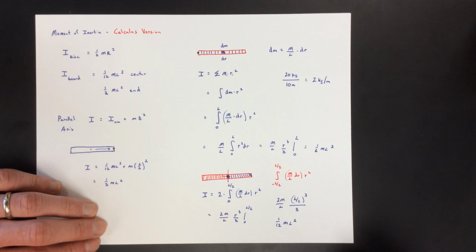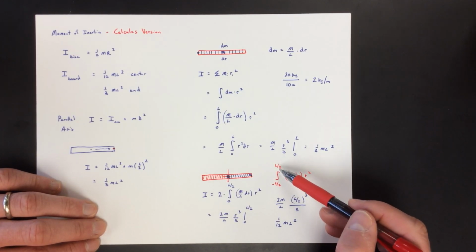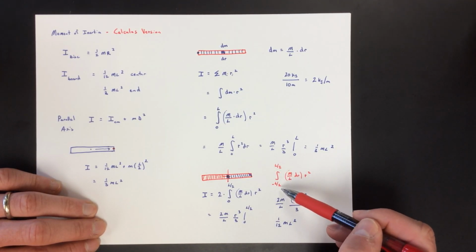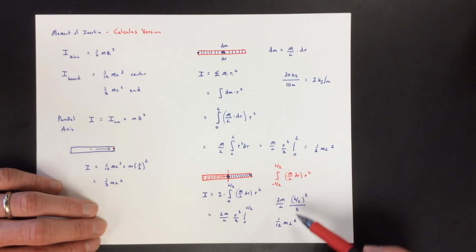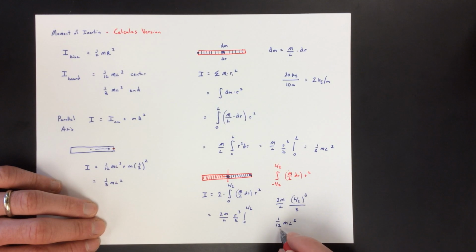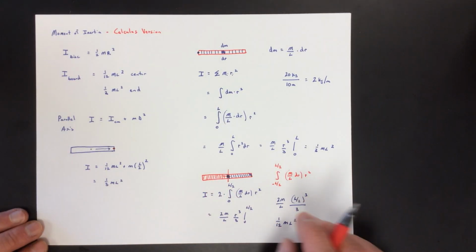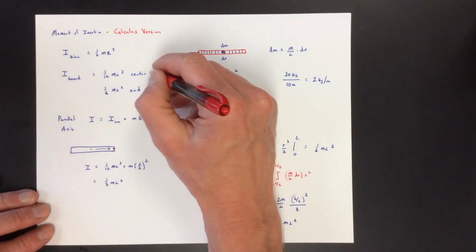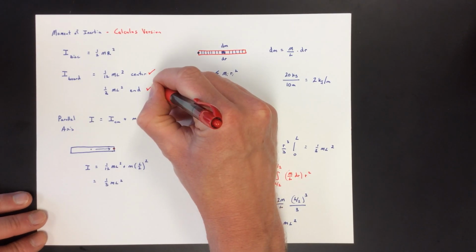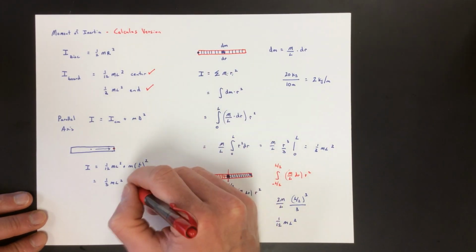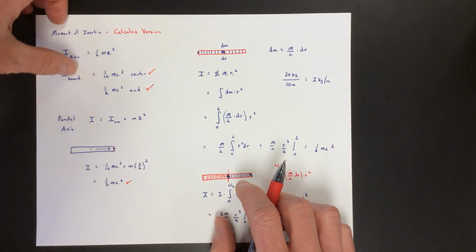And hopefully you can understand that it's the same thing, because L over 2 minus a negative L over 2 is actually going to give you just double, since it's an even function. Okay, so either way you're going to get this. All right, so that's the calculus way to prove this guy and this guy, and then I also showed you the parallel axis theorem to get that in case you just wanted to use that.